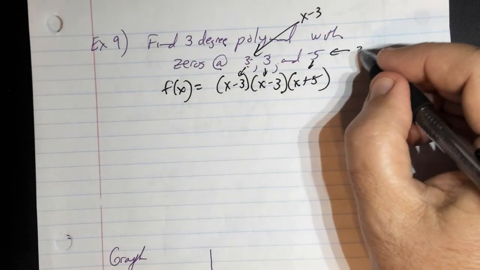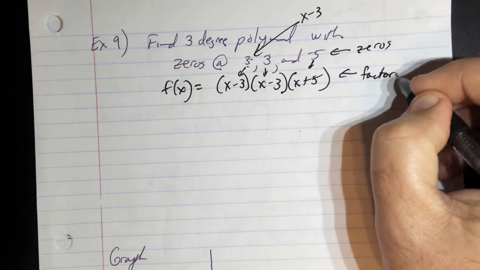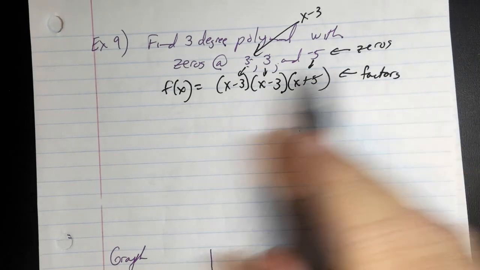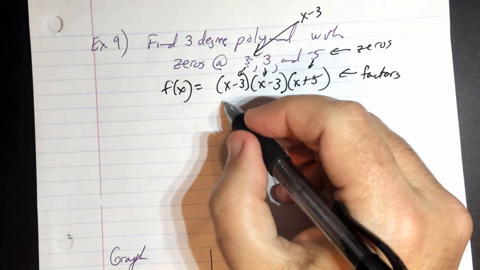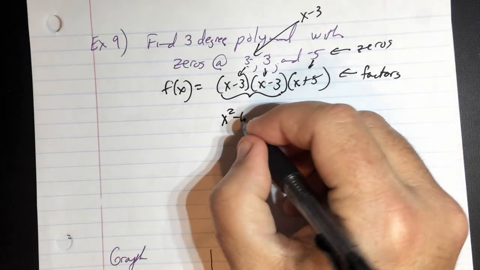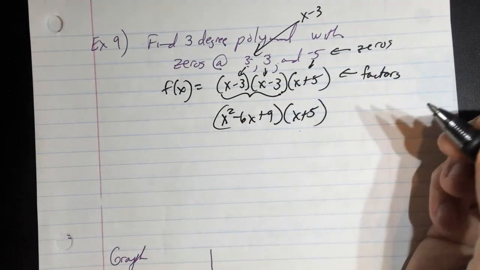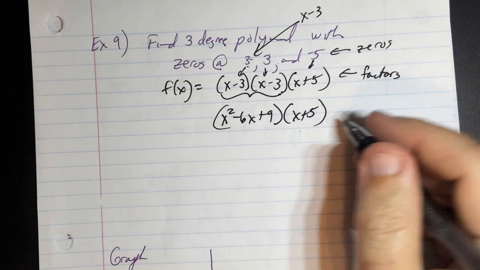Okay, so these are zeros. These are factors. Now from that we're going to multiply this out. These two together are going to be x squared minus 6x plus 9. And then I'm going to multiply those out.